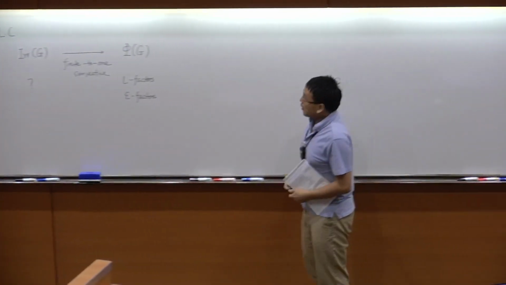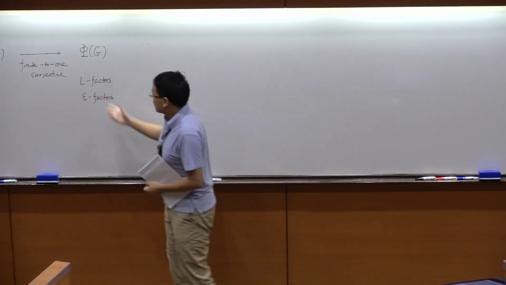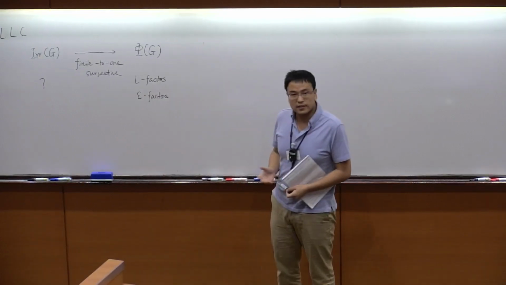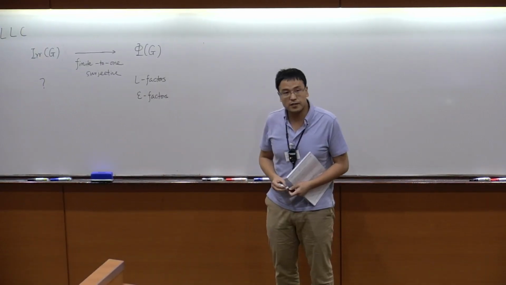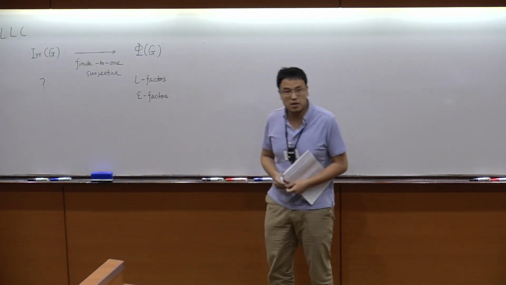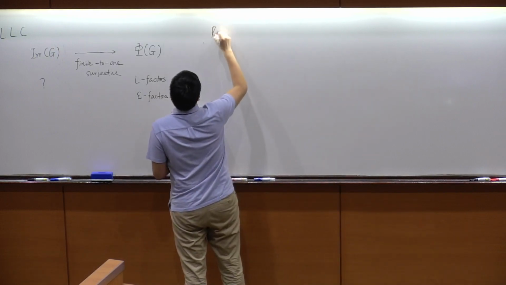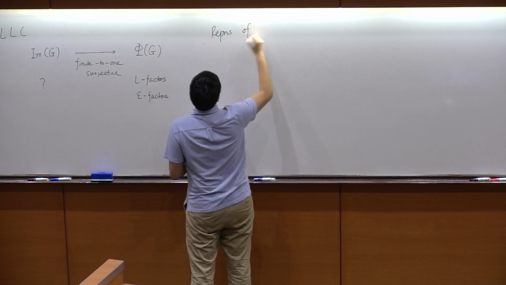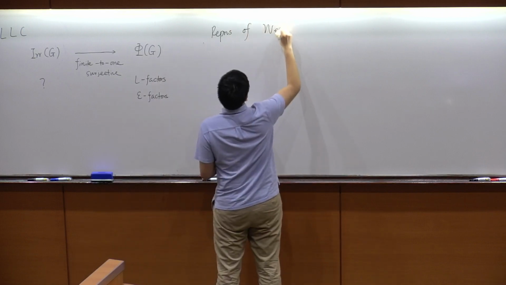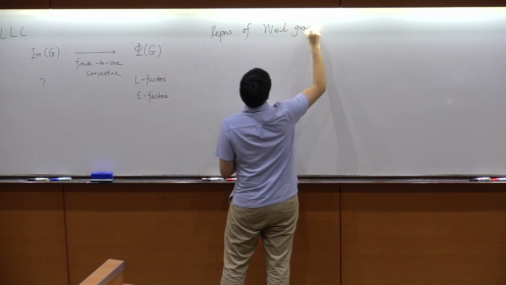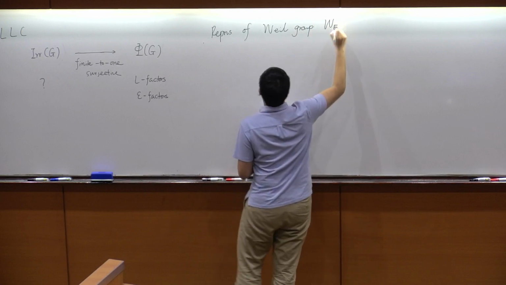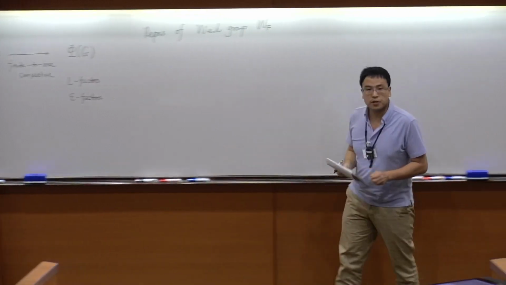Okay, so in order to recall the local L factors and the epsilon factors, I will start from the representation of the Weil group. I'm still using W_F to denote the Weil group.